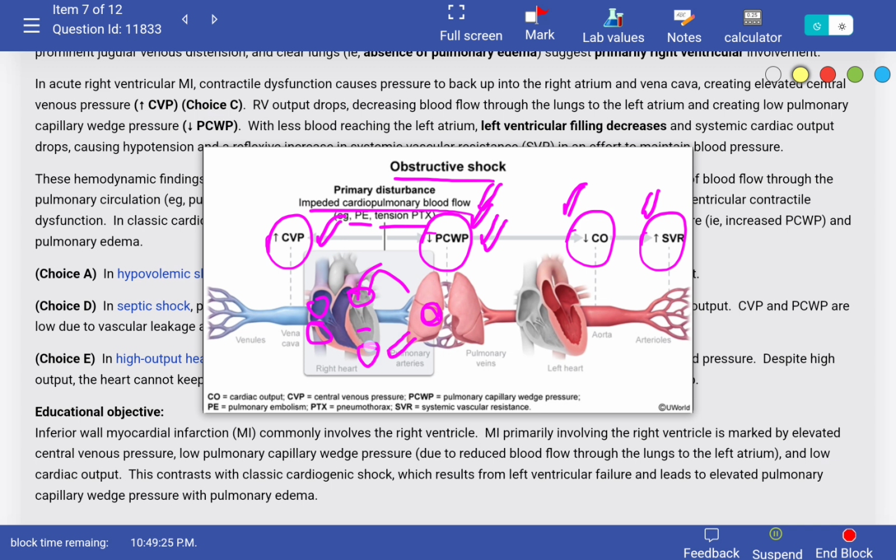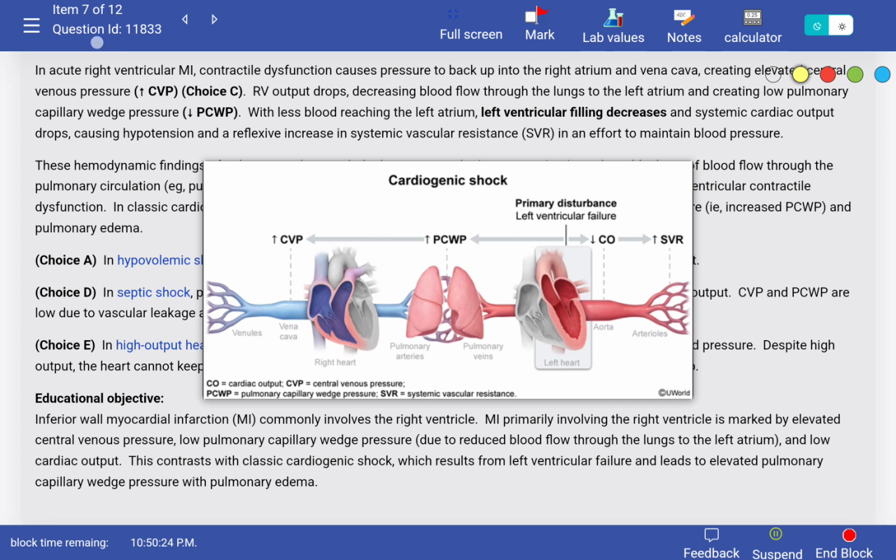So here there would be fluid accumulation in the left ventricle, then again the backward flow into the left atrium. So pulmonary capillary wedge pressure would be increased. Again, this fluid would go to the lungs, and then in the backward direction to the right ventricle, then to the right atrium. So again, in that case, the central venous pressure would also be increased, right?